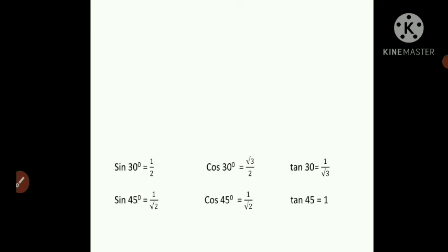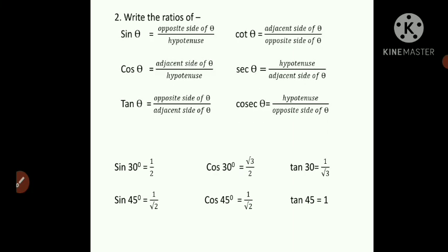Now we'll move on to the next question, that is, you can see, find the ratios. So see, first one, sin theta. Sin theta is opposite side of theta upon hypotenuse. Cos theta is adjacent side of theta upon hypotenuse, and tan theta is opposite side of theta upon adjacent side.